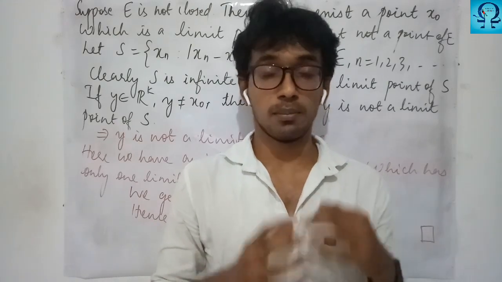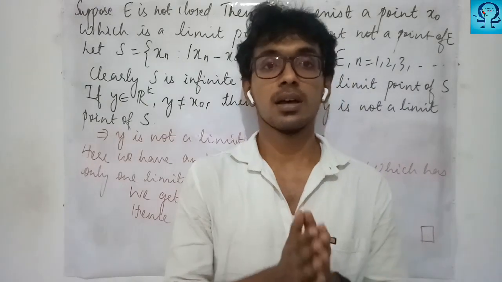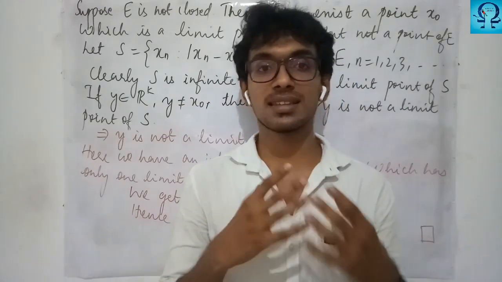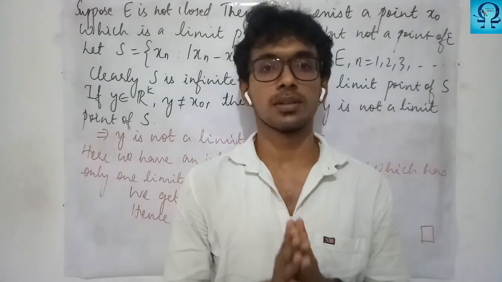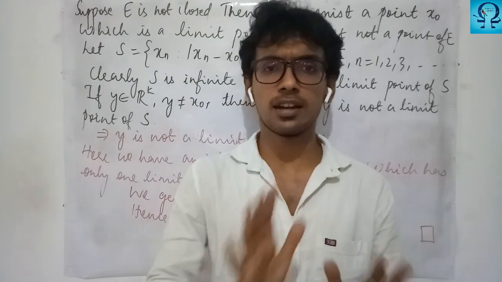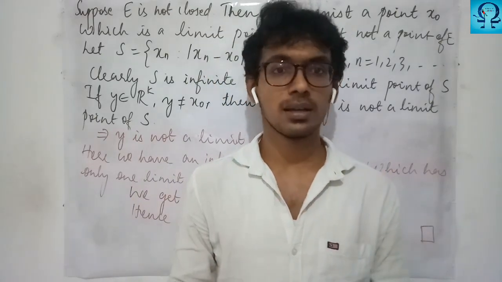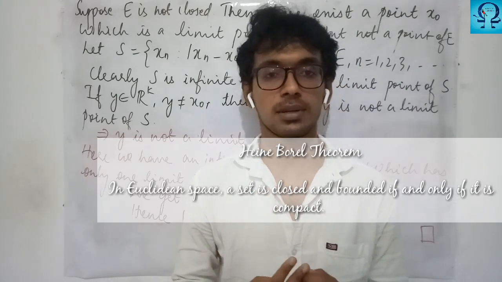Okay, and mainly this result, the result that we have seen in this lecture, is going to give you a very clear idea of what compact sets can be in a Euclidean space, because this clearly tells you that if a set is closed and bounded, that is going to be compact. Here we have proved these 3 equivalent statements, right?